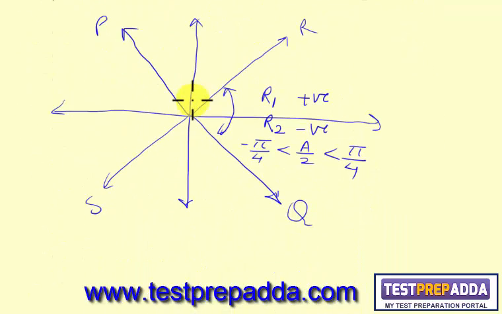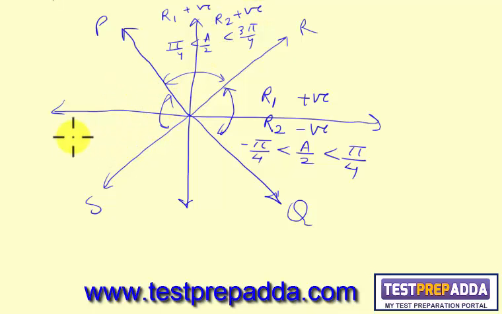Now in the second one, in this range, what is the angle? Pi by 4 to 3 pi by 4. Here, the relation 1 is positive, relation 2 is also positive. Now the third portion.